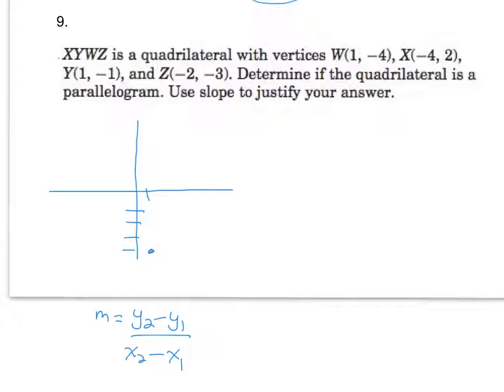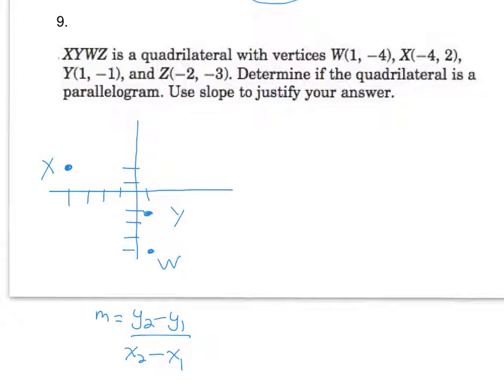So here's negative 1, 4, which is W. We have negative 4, up 2. That's for X. Y is 1, negative 1, which would be somewhere here.